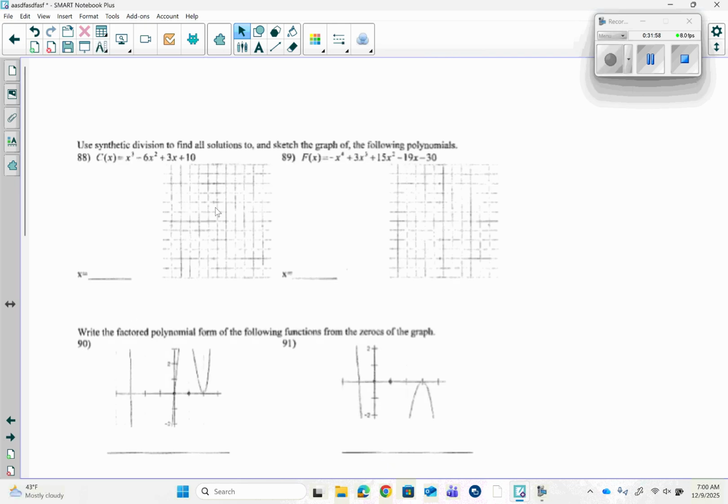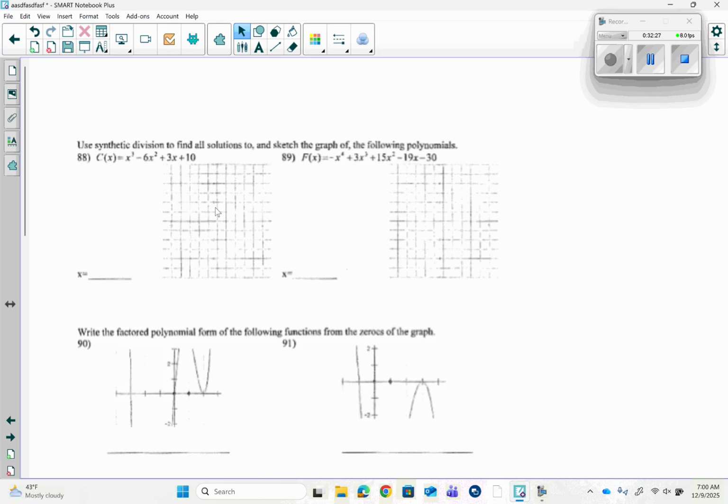All right. Use synthetic division to find all the solutions. Again, I would plug it into the calculator first. So you're going to get x raised to the 3rd minus 6x squared plus 3x plus 10. So if you graph this, you're going to find your solutions as it comes up.